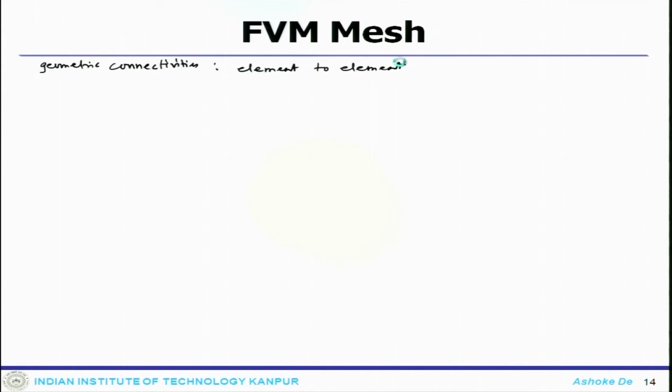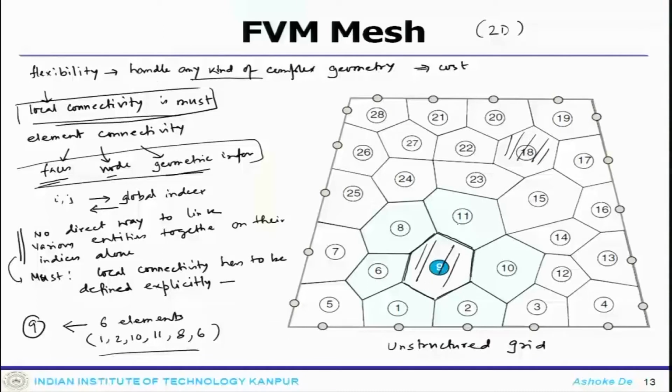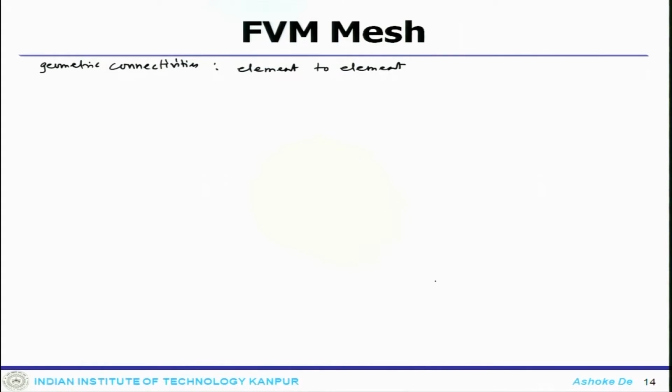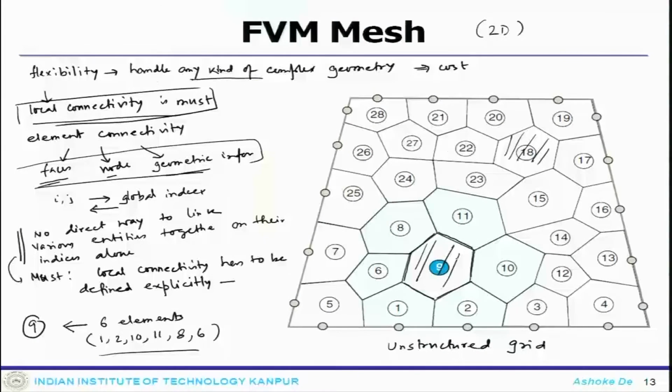So, here 9 is surrounded by all these 6 elements. So, the geometric information which is required is the connectivity between element to element. Then another important thing is element to faces. Okay. So, if you again come back here, if 9 is connected with 11 through this common face, this face connectivity also needs to be tagged.